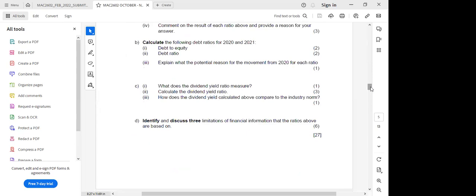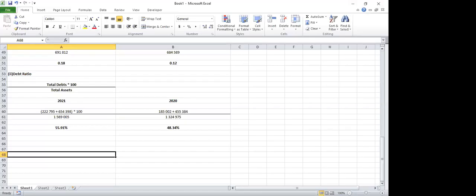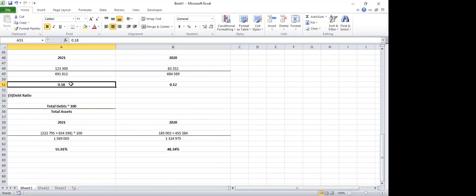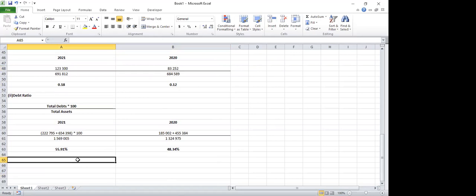Explain what are the potential reasons for the movement for each ratio. Right. If you can see, our debt to equity ratio moved from 0.12 to 0.18. The reason can be we took more debt. As you can see, our debt was 83, then they took 123,300.